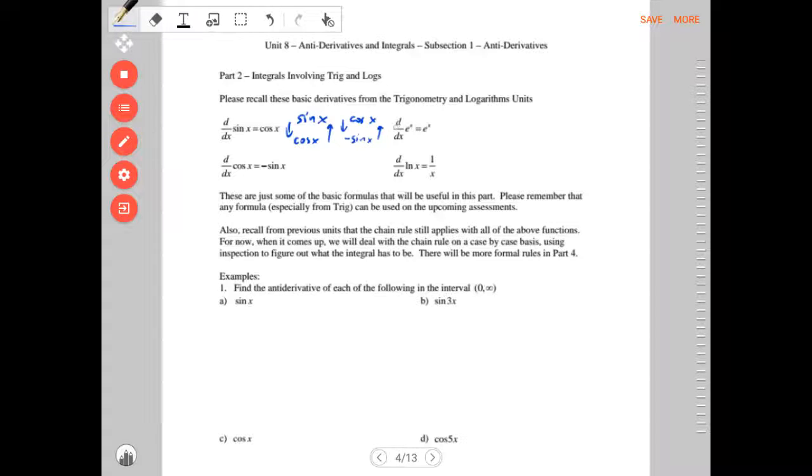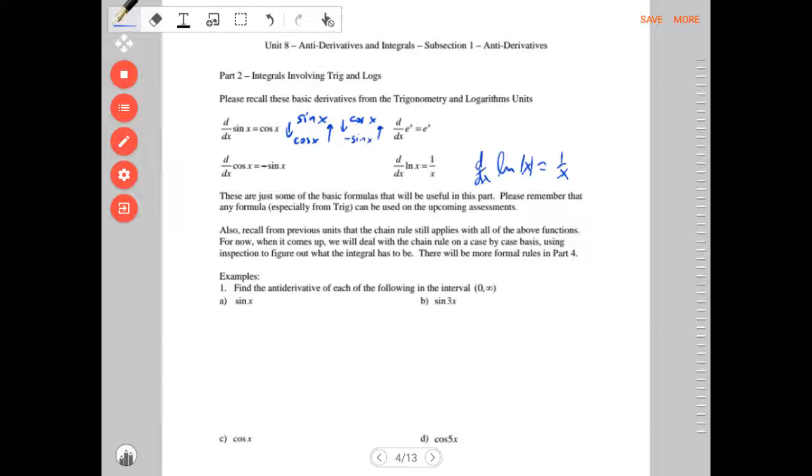Okay, so remember the derivative of e to the x was just e to the x. That's kind of a crazy one. And then the derivative of ln x is 1 over x. Now this one's a special one. Remember back in the logs unit we talked about d/dx of ln absolute x, also equaling 1 over x.